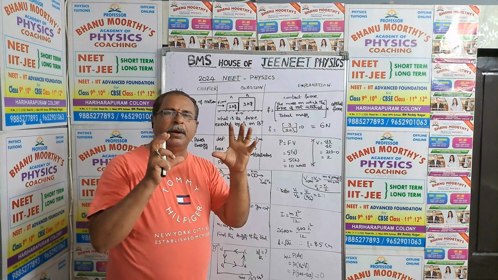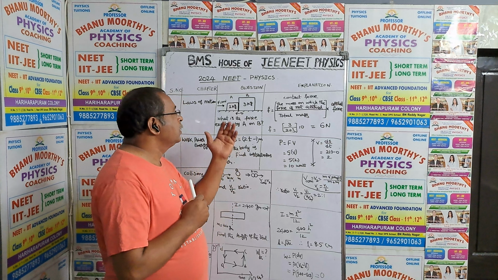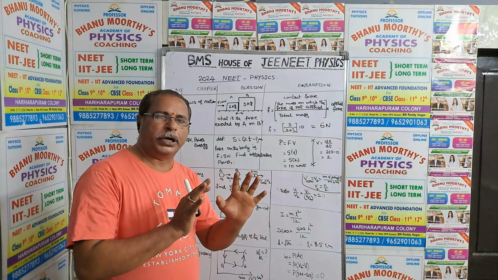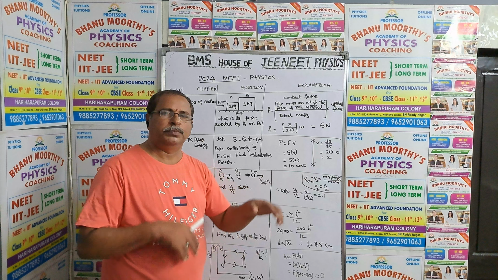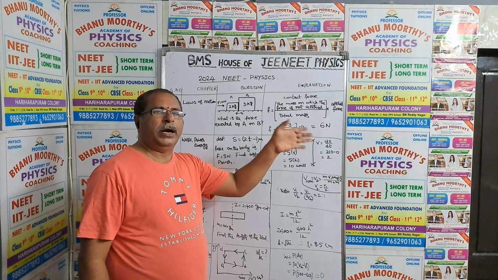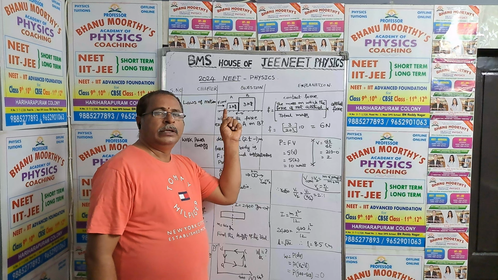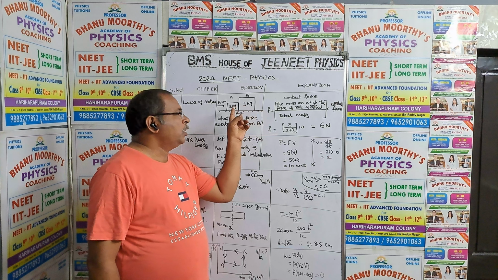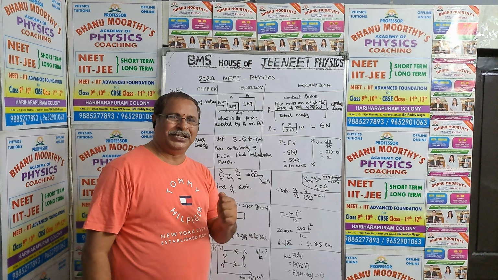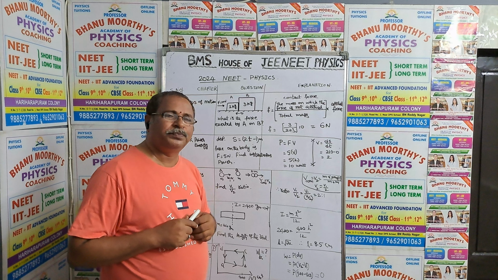Two blocks A and B, with masses 2 kg and 3 kg, are kept in contact on the ground. Now, a force of 10 Newton is applied on that combination. Then, what is the contact force between the two bodies? That is the question.